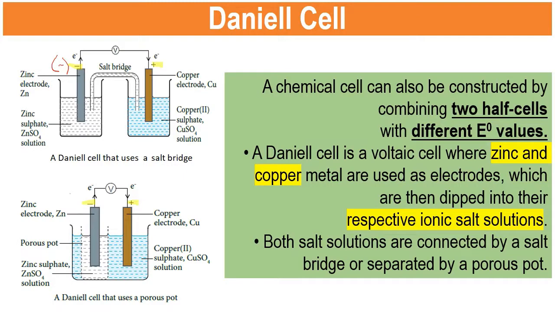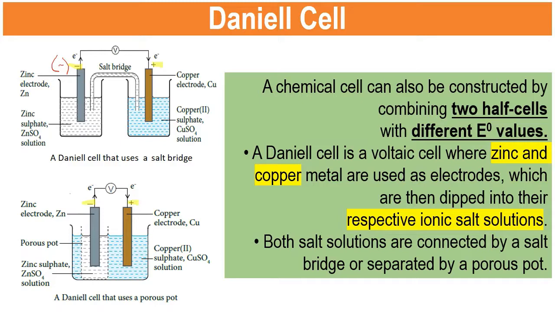So bear in mind, when we use Daniell cell, it is still a chemical cell, which can be constructed by combining two half cells with different E0 values. The Daniell cell is a voltaic cell where zinc and copper metals are used as electrodes, which are then dipped into their respective ionic salt solution.